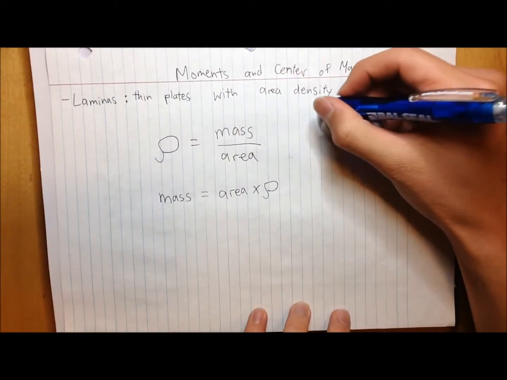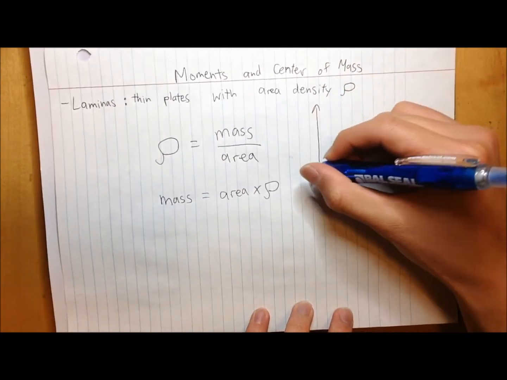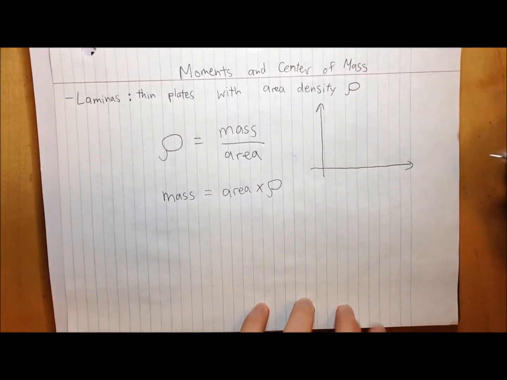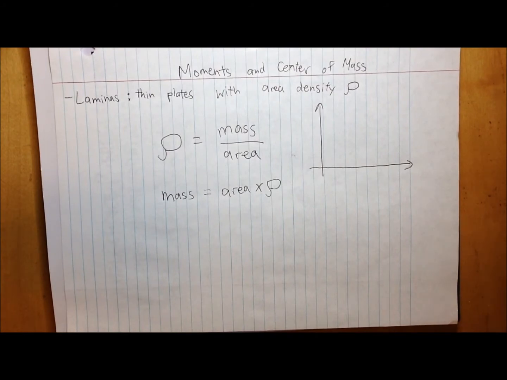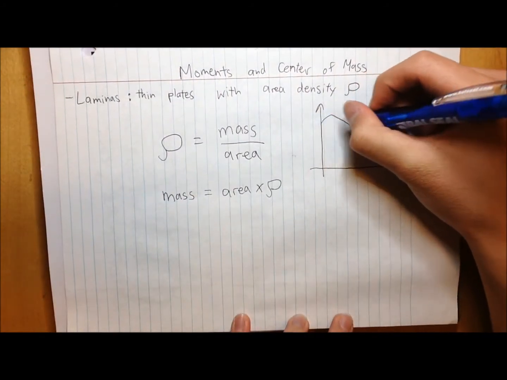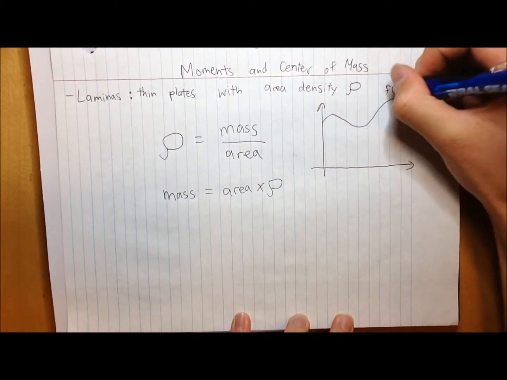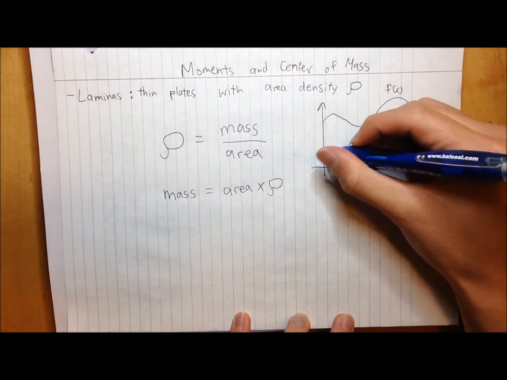So I'm going to draw out a lamina which is defined by two functions, f of x and g of x. So here's f of x, and here's g of x.